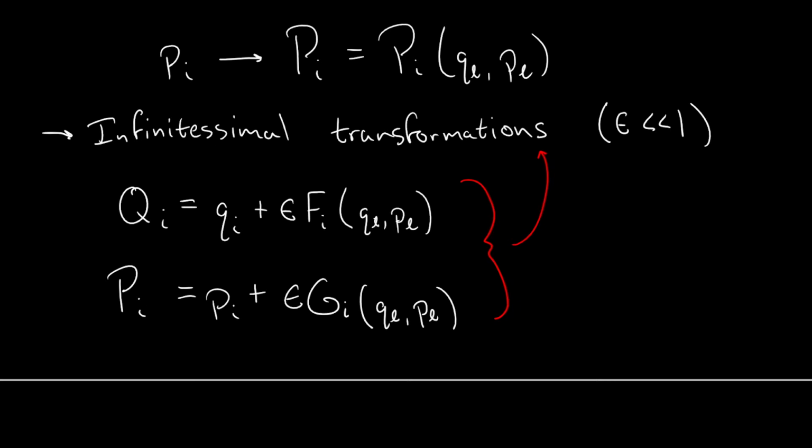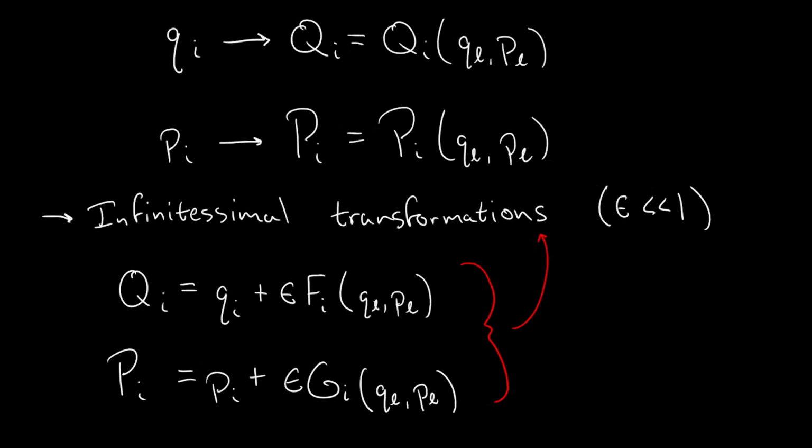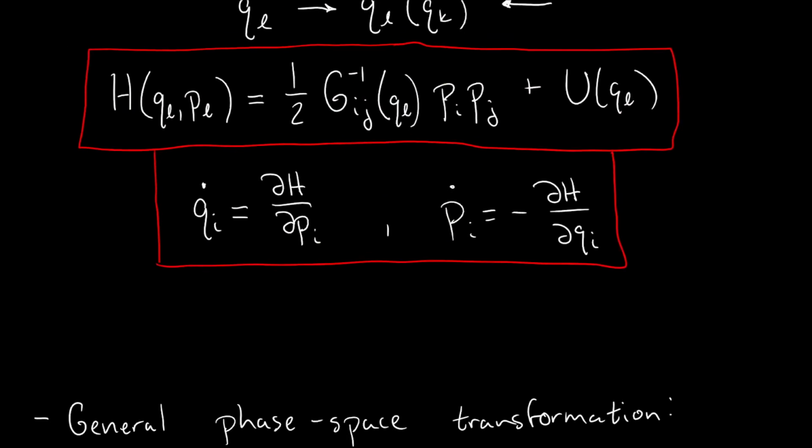It can change the form of the Hamiltonian all we want. Like before, whenever we changed our coordinates q, it already changed our Hamiltonian. So who cares if our Hamiltonian changes? But what never changed was the form of our equations of motion.